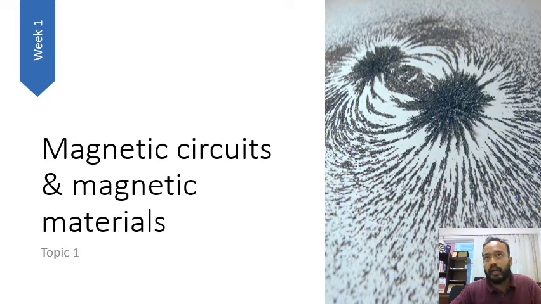So I think we need quite some revision in order to be familiarized with some terms that are going to keep on coming back when we discuss electric machines, electric motors. And these terms are basically related to the construction of the motors, which depends on magnetic circuits and magnetic materials.